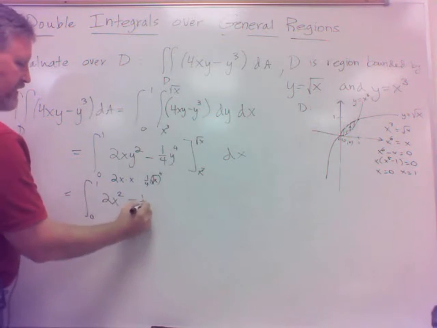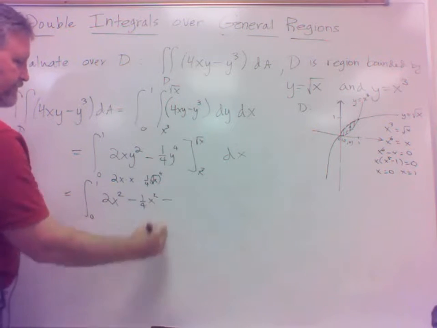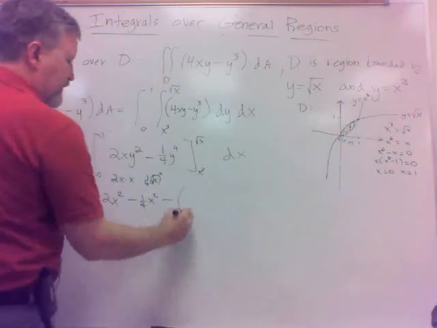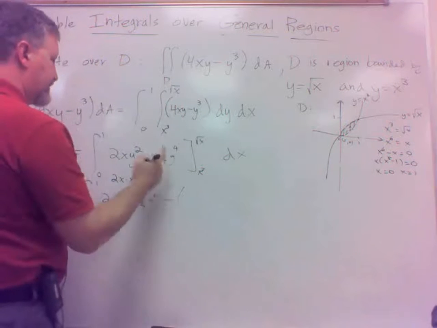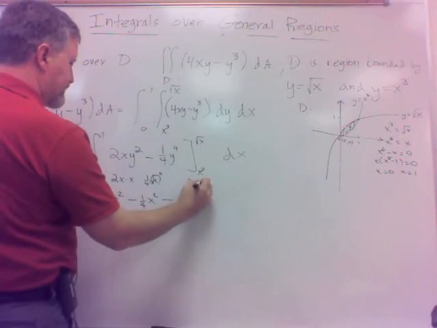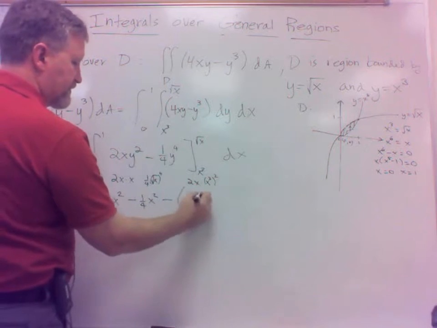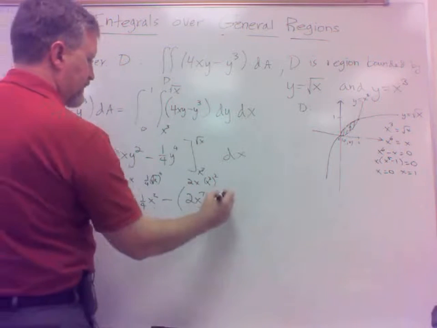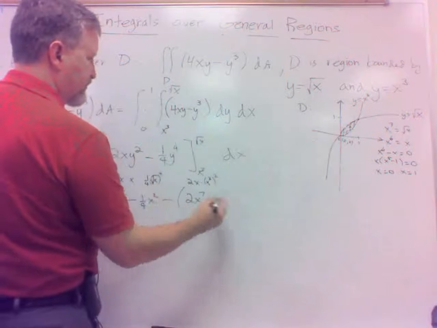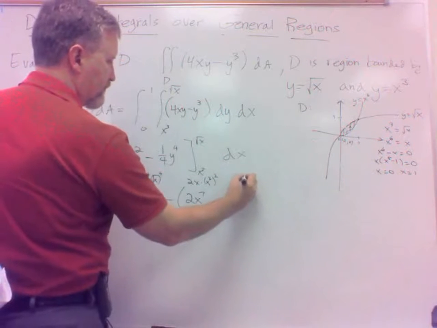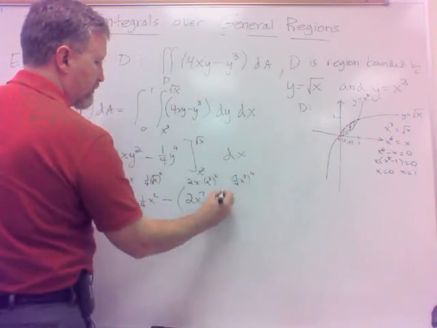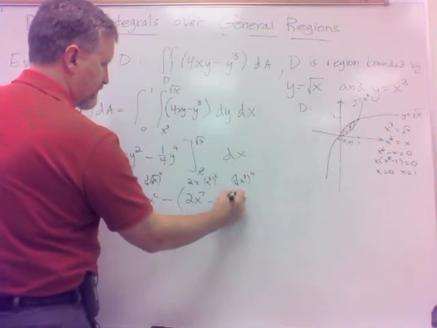So it'd be 1/4 x squared. All right. Then we plug in the x cubed, so it'd be 2x times x cubed squared. So that's x to the 6th, so it'd be 2x to the 7th. And then 1/4 x cubed to the 4th, so minus 1/4 x to the 12th, yes.